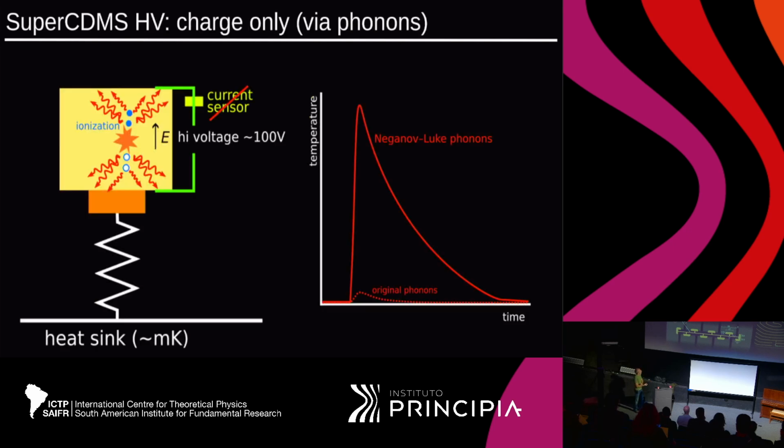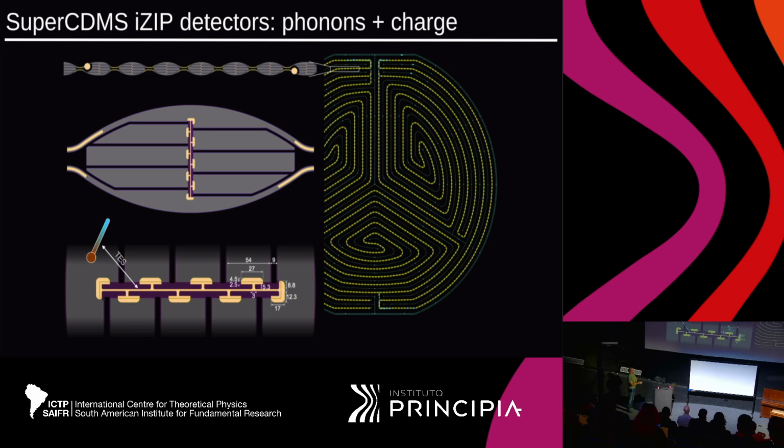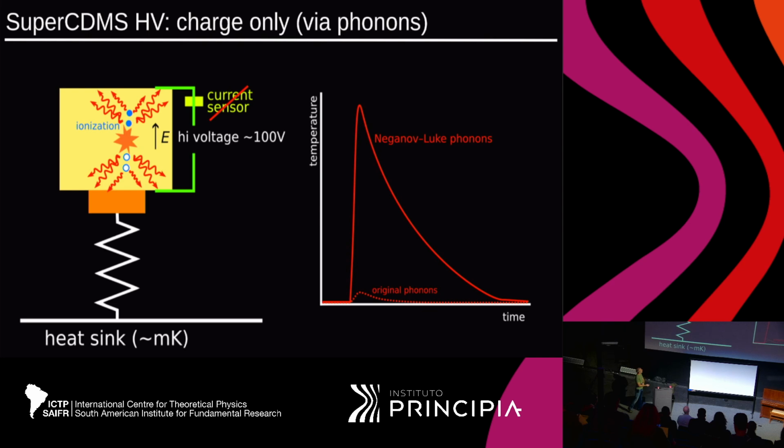So this provides electron recoil, nuclear recoil discrimination. Another way of operating these sensors is called the high voltage mode, which is a very interesting way of using these sensors and provides the best sensitivity to low energies, okay?